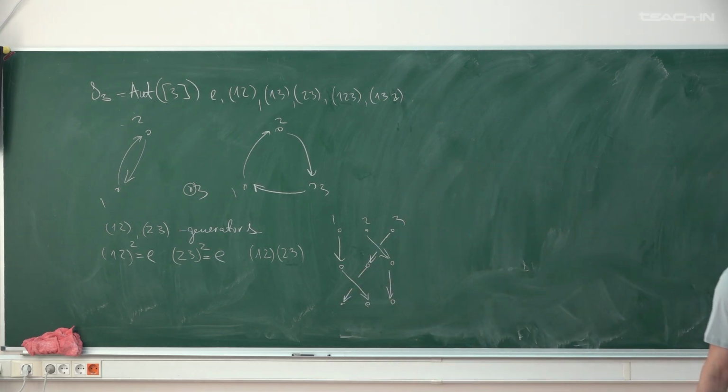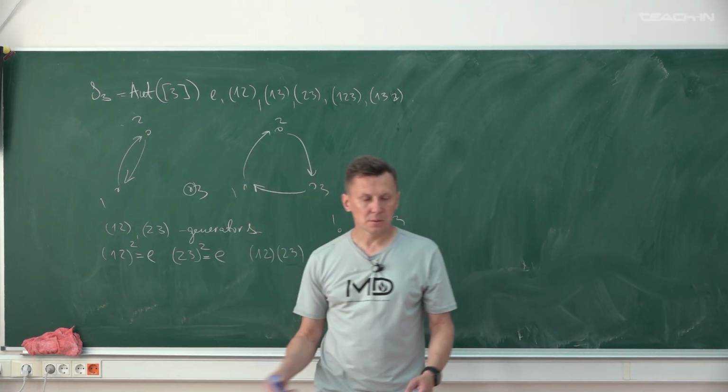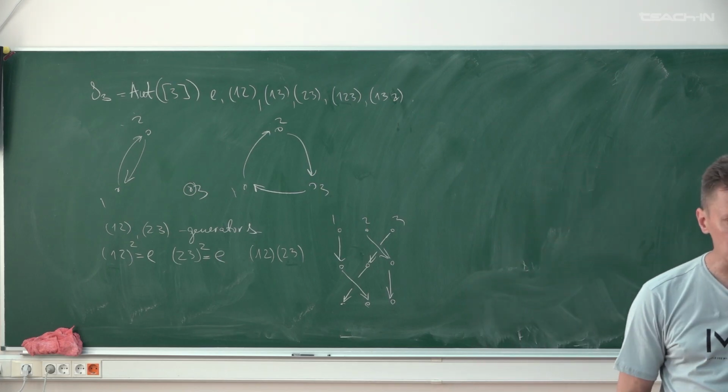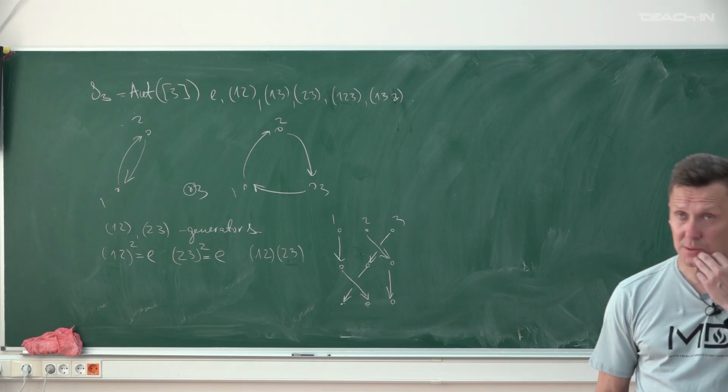Is this obvious to everybody, that the generator (1,2) squared is equal to the identity? Yes. It's a transposition, so it doesn't remember how we transpose it. That's why it's like unitary.